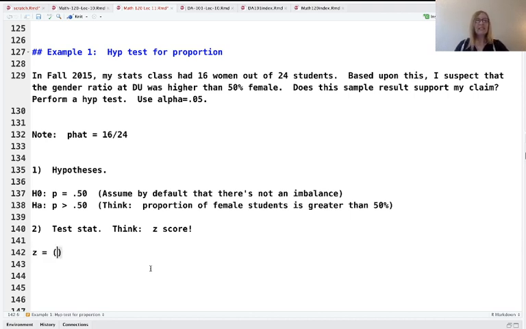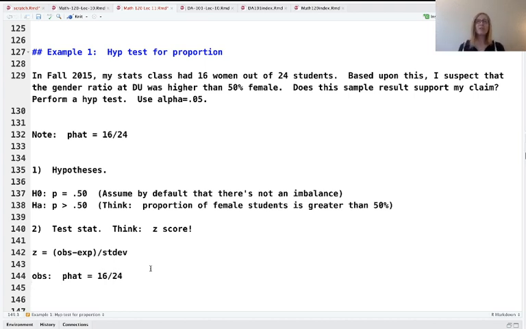It's always the case that z is equal to observed minus expected divided by the standard deviation. That's every z-score. In this context, for our observed, that's p-hat, the sample proportion. That's the actual data that we saw, and ours is 16 out of 24.